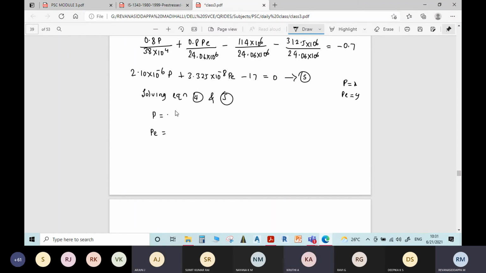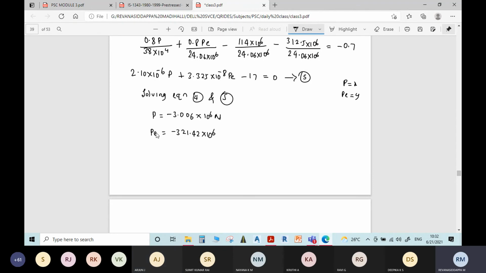No, sir, it's correct. Minus 3.006 only, sir. Minus 3.006 into 10 power 6. It will be Newton. Okay. P e value how much? Minus 321.42 into 10 power 6.